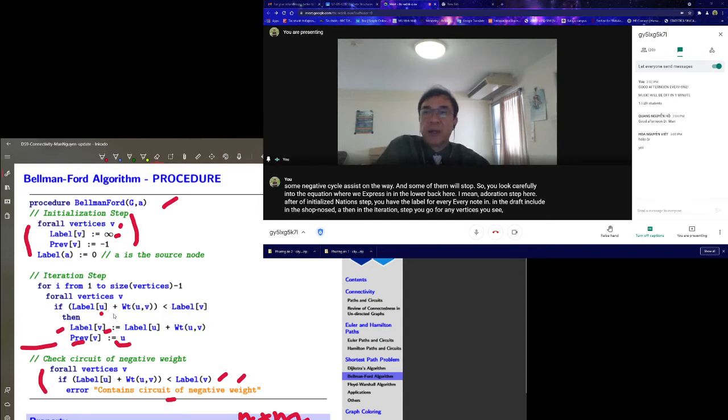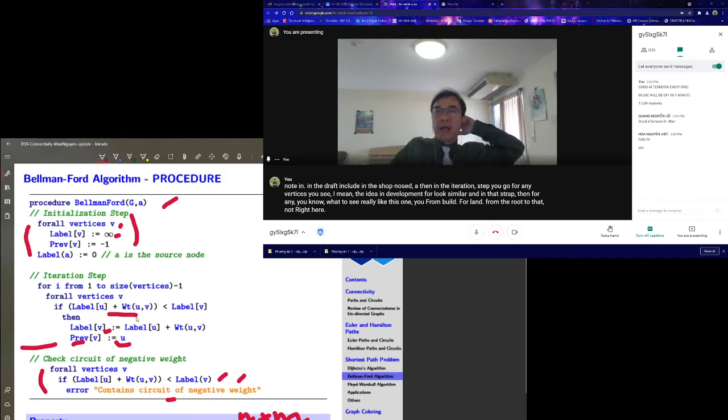The idea in Bellman-Ford looks similar to Dijkstra. Then for any vertex V like this one, you compute the length from the root to that node right here.